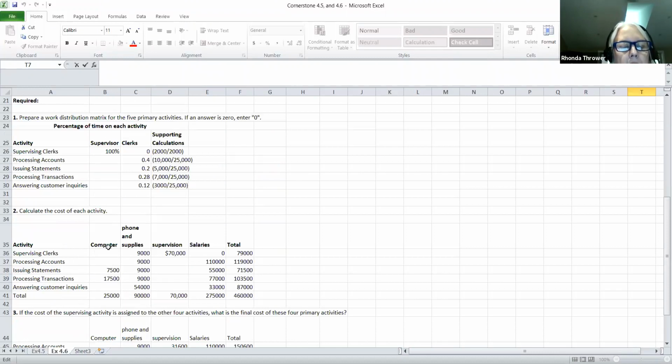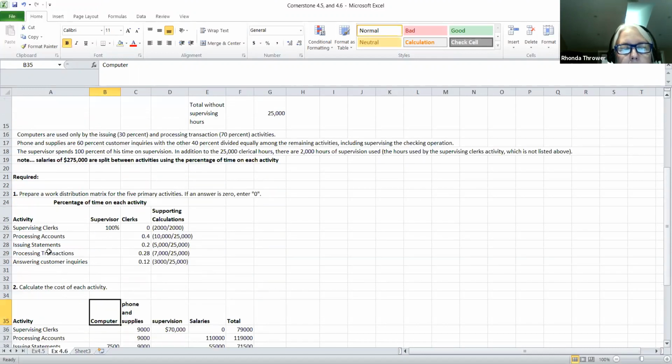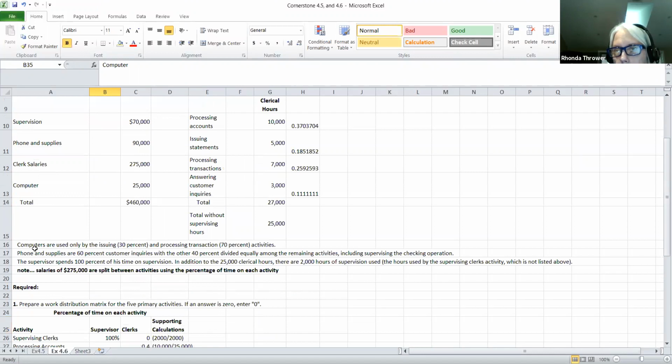And then I took each one of the costs or the resources that we were using during this period of time. The overhead cost for the computer, I started with first, because the additional information started with it first. So the computer cost total was $25,000.